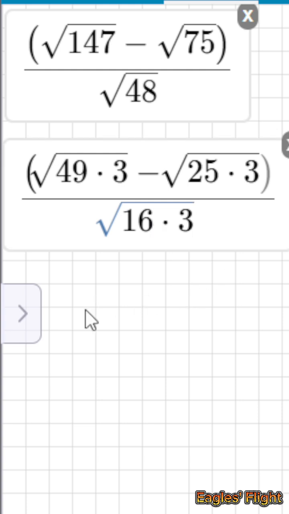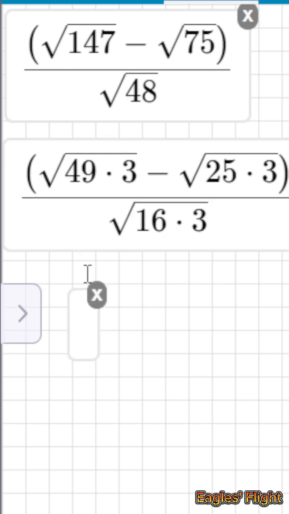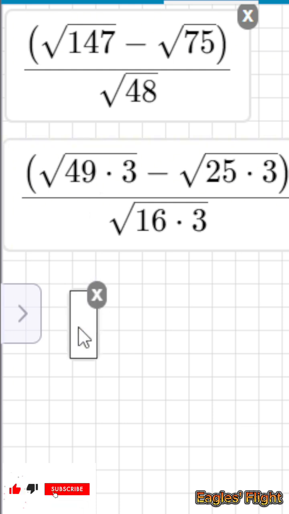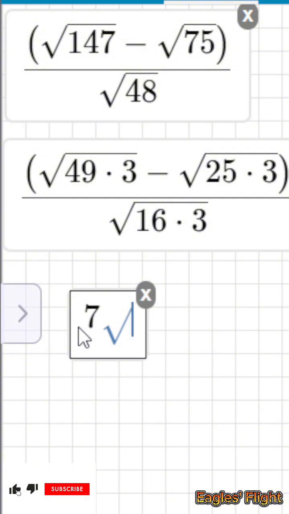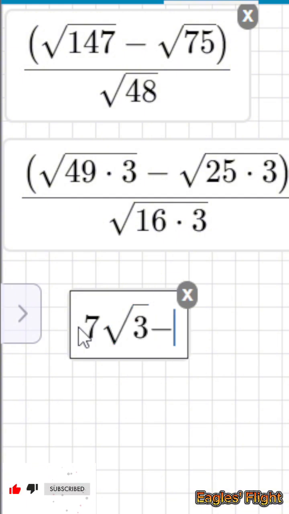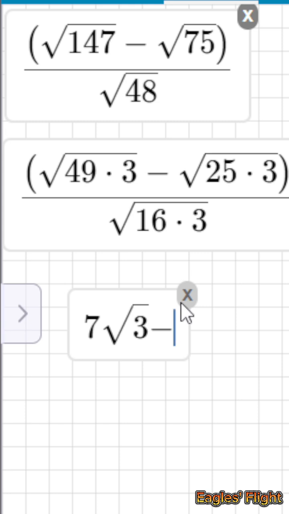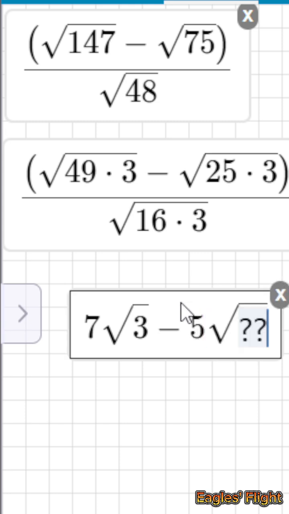Moving on to the next line, what will be the square root of 49? That gives us 7, right? So we can now have 7 root 3 minus, how about this, the square root of 25 is 5, so that will be minus 5 root 3.